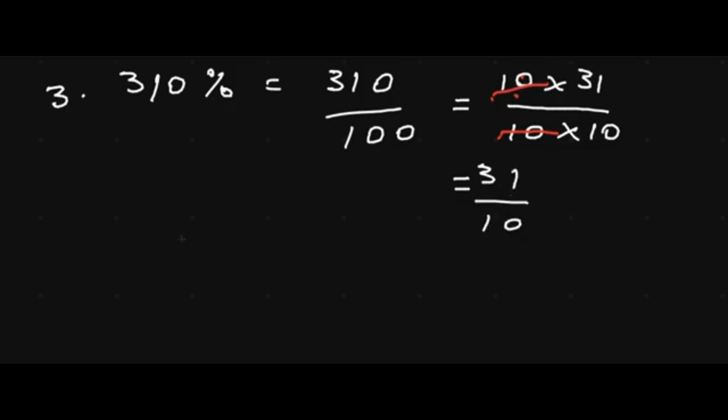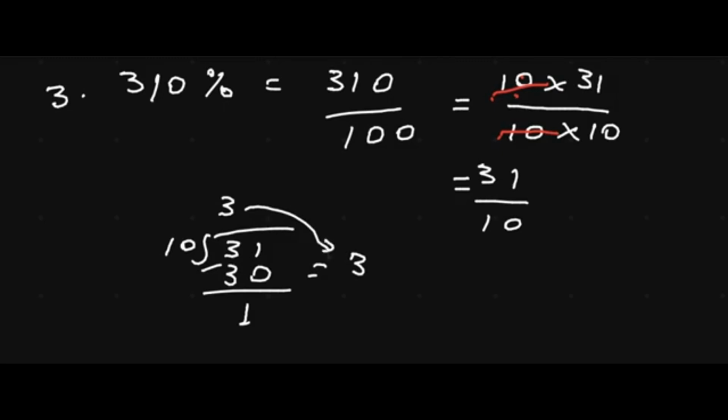31 over 10 is again not proper, so we can divide. 31 divided by 10 is 3 times. 3 times 10 is 30. 31 minus 30 is 1. 1 cannot be divided, therefore the answer will be 3. So this 3 comes here, and this 1 over the divisor 10.